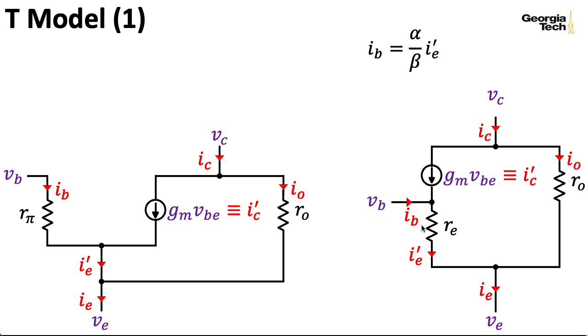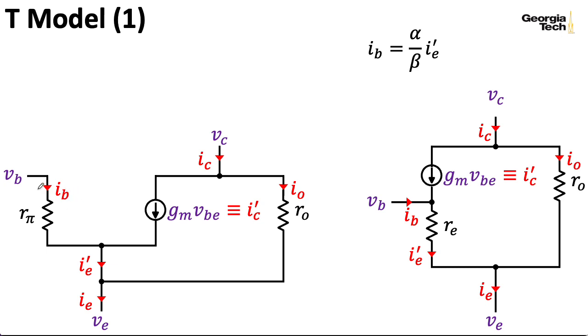So when we analyze the circuit using our rules of circuit analysis, we wind up with the same overall effect from the outside as the results we get from the hybrid pi model. But in a way, this isn't too weird because although this resistor RE isn't quote-unquote physical, well, this resistor R naught and this resistor R pi, those aren't real resistors either. They're all just things we made up to fit the math.